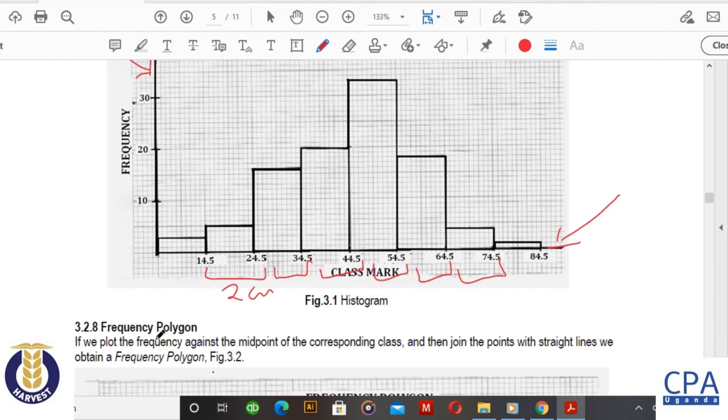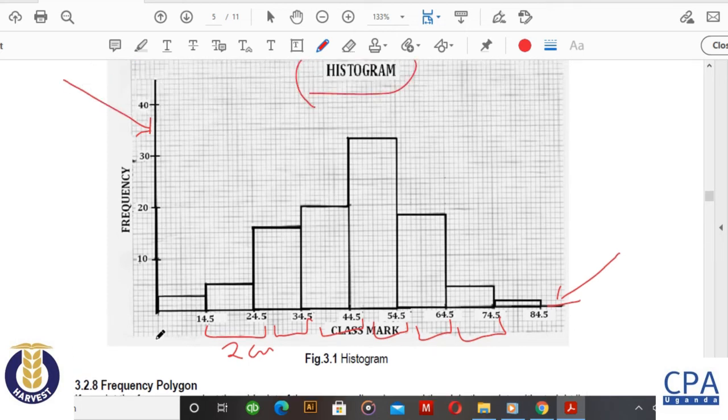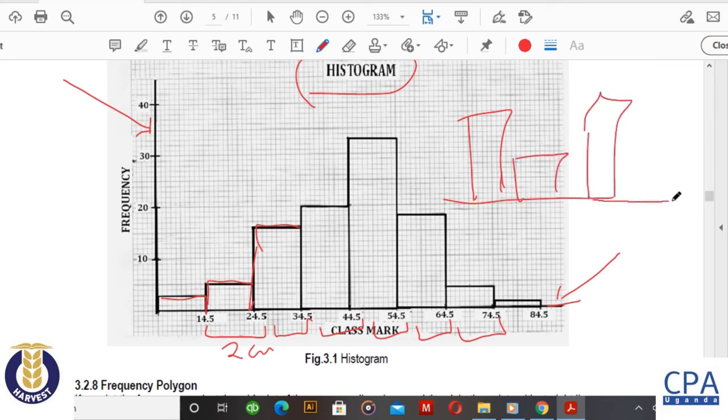Now, the other feature is that the graphs that make up the histogram actually touch each other. Okay, they are touching each other. There are no spaces. This is not a bar graph, so don't go to the exam and begin leaving gaps between the bars the way I'm demonstrating here.